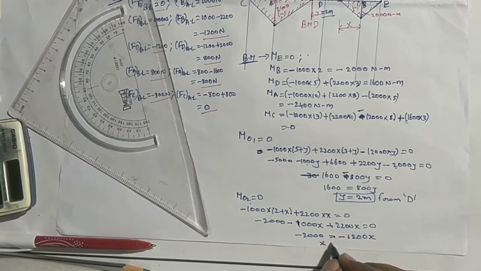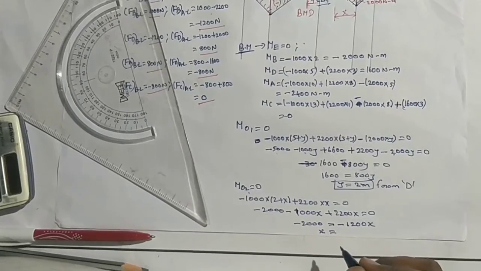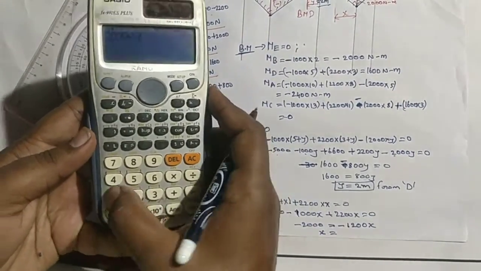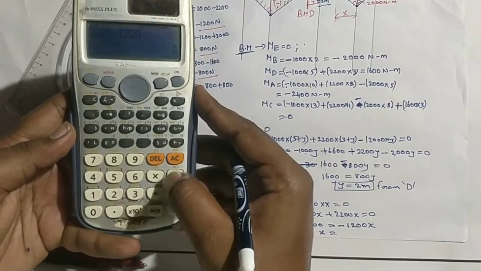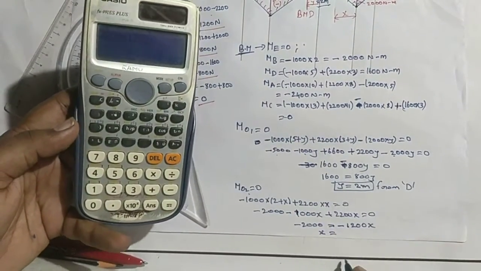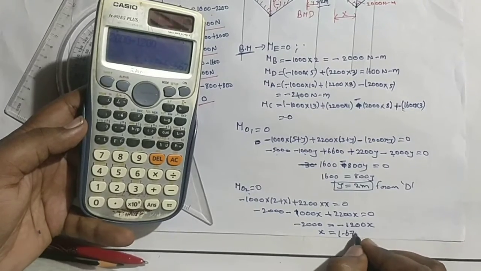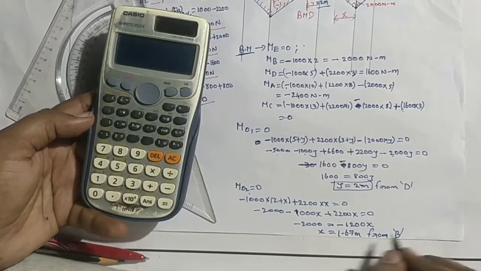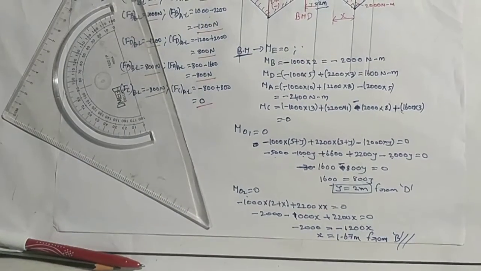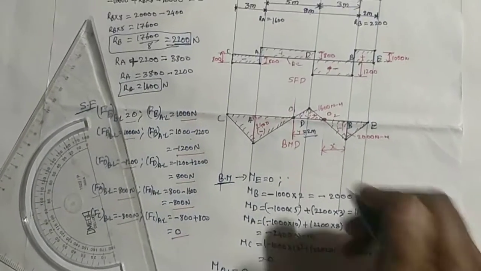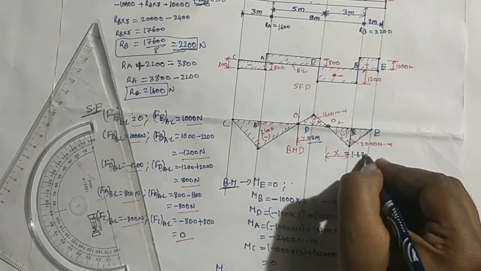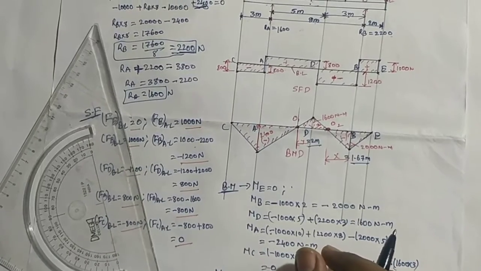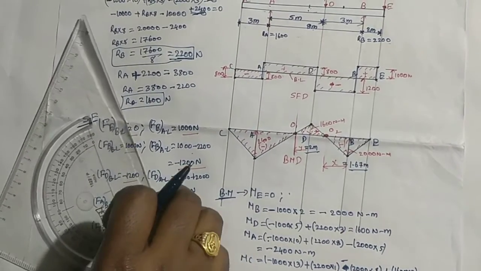From this, x is equal to 2000 divided by 1200, which is 1.667 meters from point B. It is the value of x: x equals 1.67 meters from point B. Now we have calculated the shear force and bending moment values.